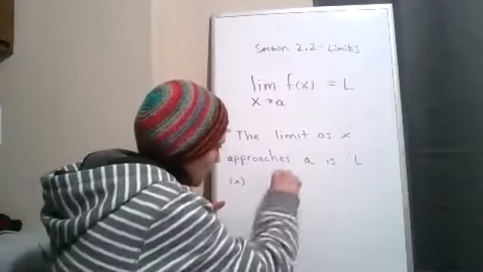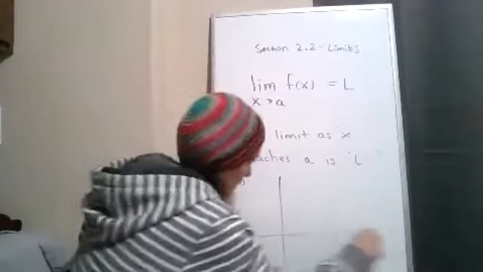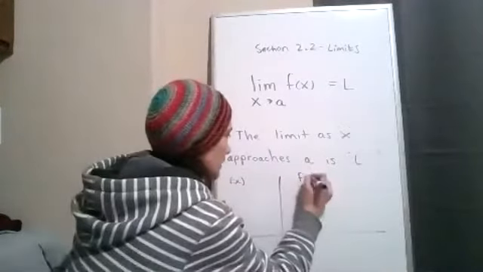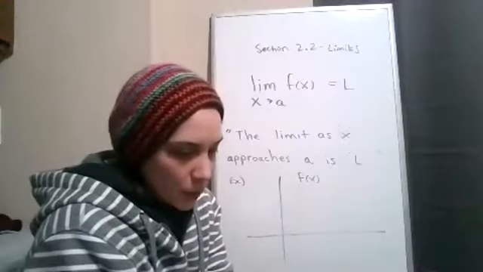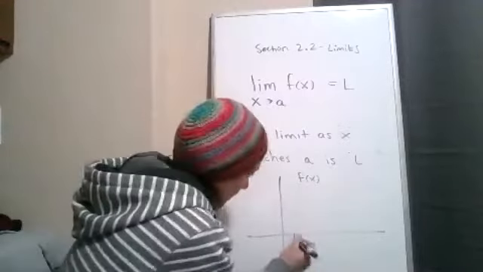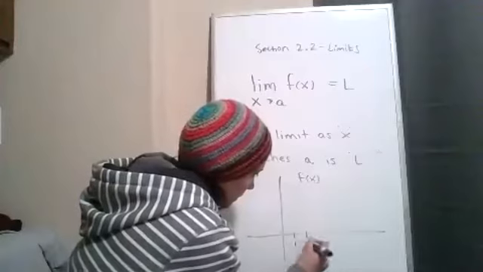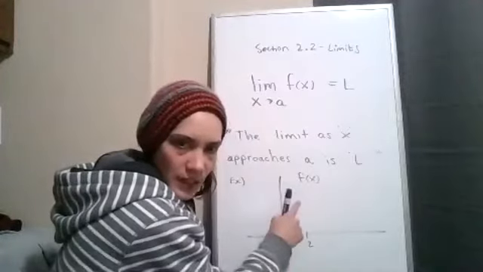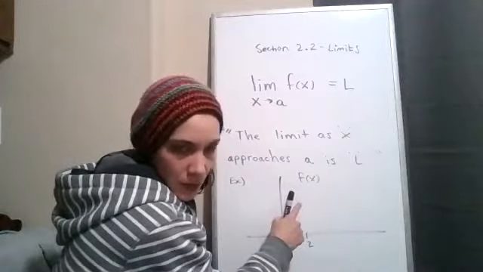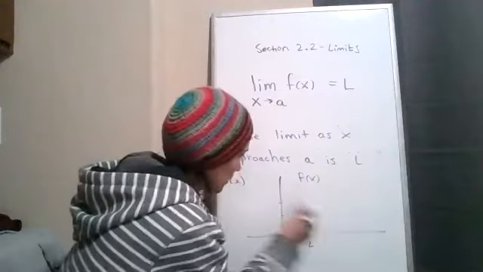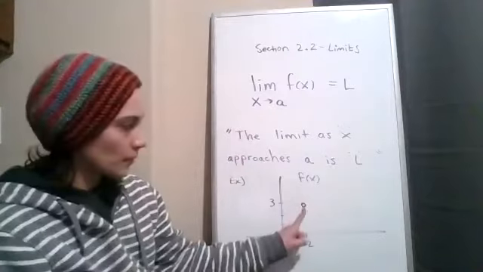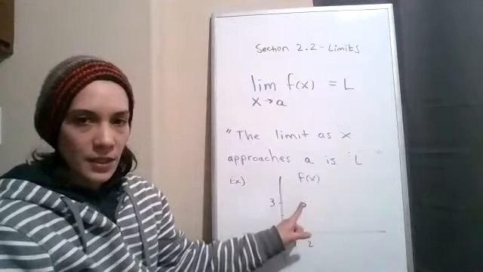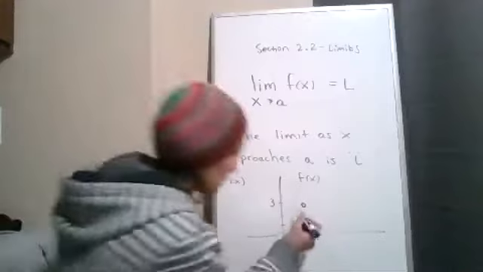Okay, so we have a graph here, f of x. This function will, let's see, 1, 2. I have a point at 2, 3 that's empty. So 1, 2, 3. There's a hole. But the function does continue down through the origin.